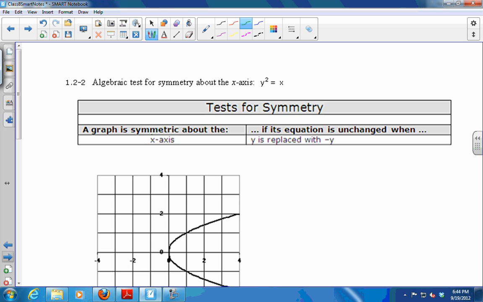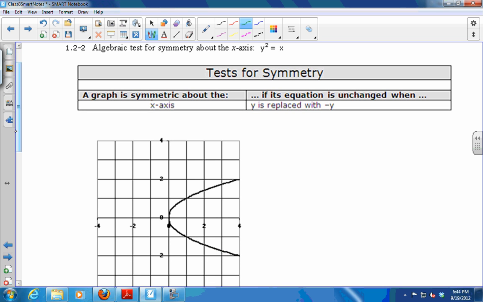Okay, so now let's do a test for x-axis symmetry. Here's the graph of y squared equals x. I drew a picture of it, or my computer drew a picture of it, and it definitely looks like it has x-axis symmetry. To double check, I can do an algebraic test.